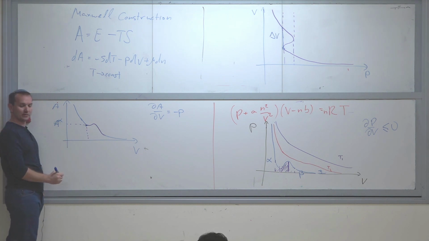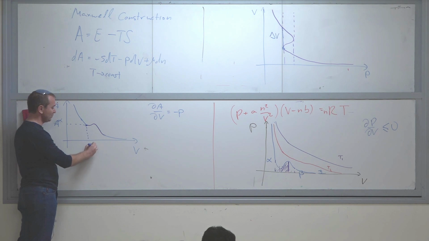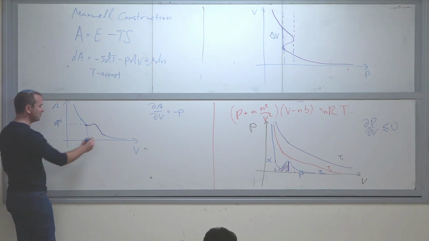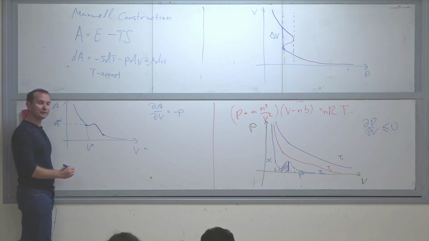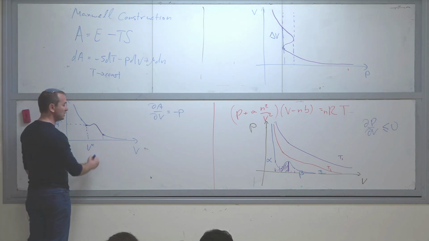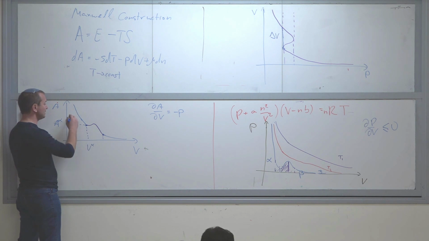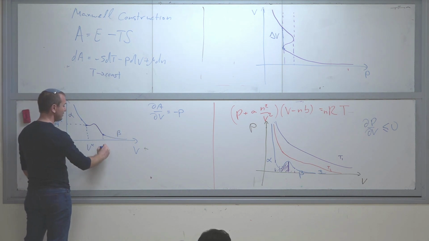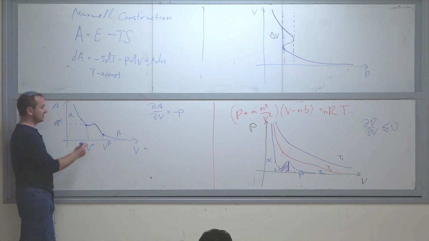At this point, the volume of the system is the volume in phase alpha, and we expect the system to jump to a different volume, where the phase is already phase beta. So here it's alpha, here the phase is beta, and here the volume is V beta. The value of the free energy at this point is A beta.